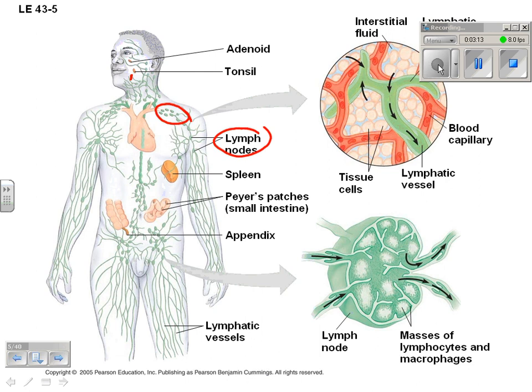What these do is pick up stuff out of the interstitial fluid. It's absorbed by capillary action into these, and as your muscles contract it's squeezed along into lymph nodes. In lymph nodes, you have white blood cells that help take care of the stuff that comes in here.